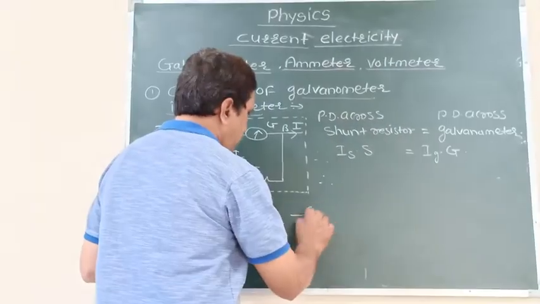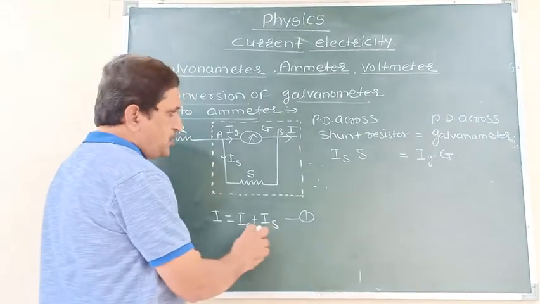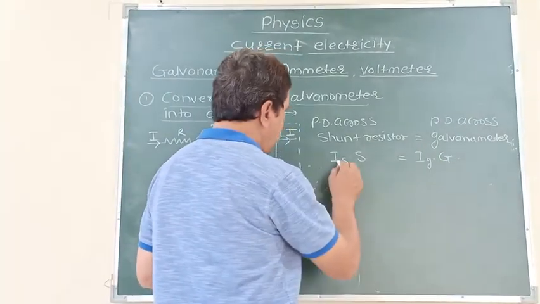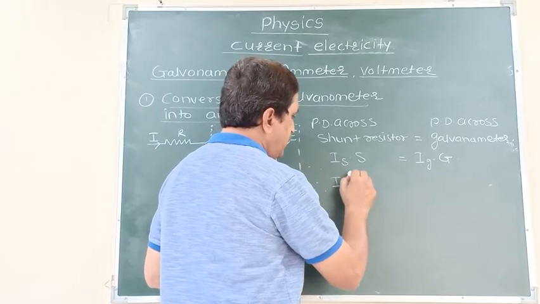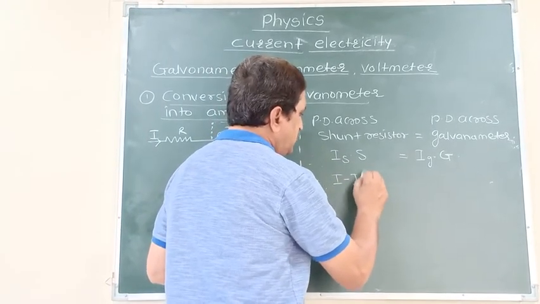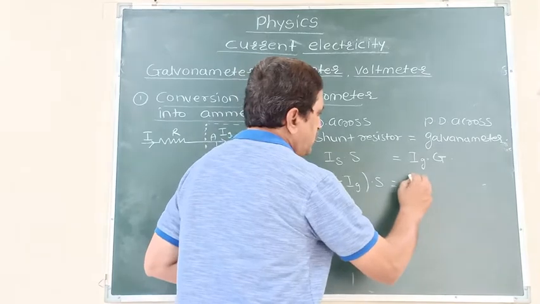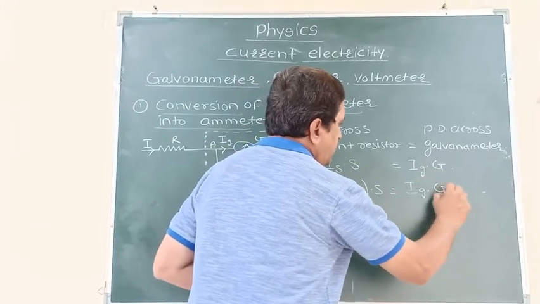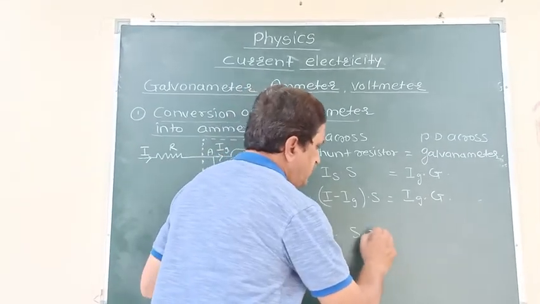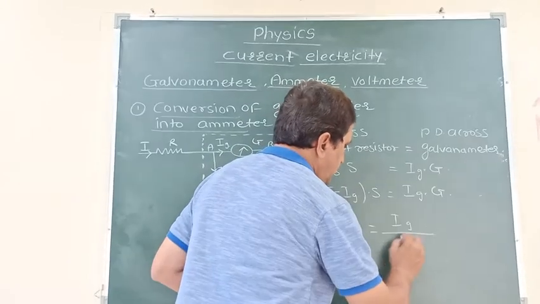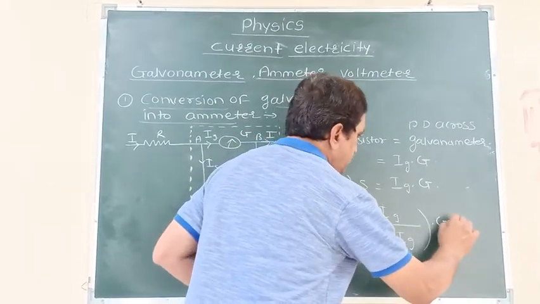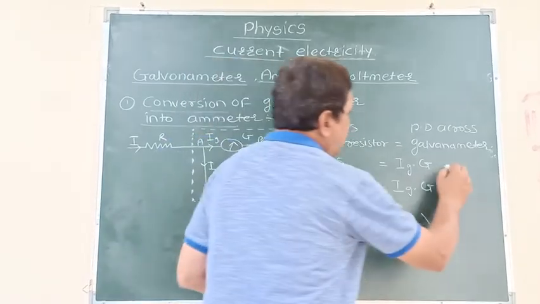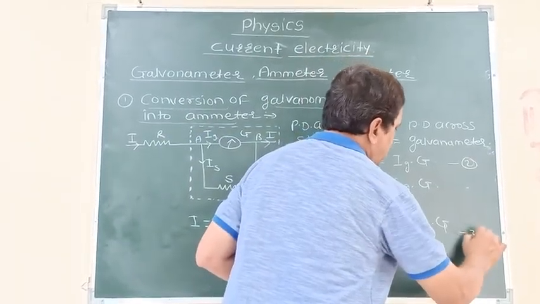Suppose this is equation number 1. If we use this equation, we can write Is is nothing but I minus Ig. That means Is can be written as (I minus Ig), so (I minus Ig) into S is equal to Ig into G. Therefore, S is equal to Ig divided by (I minus Ig) into G. Equation number 1, equation number 2, equation number 3.